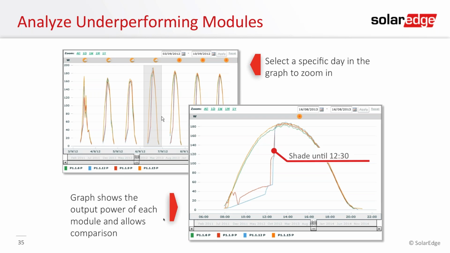As an example, the screen in the front here shows that we have two optimizers, or really two PV modules, that are experiencing shade compared to their neighbors, right up until about 12:30. Around 12:30, the shade has moved past the shading point, and the optimizers and the modules are allowed to perform as normal.